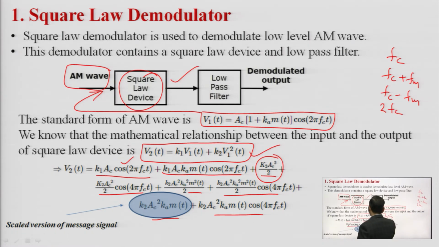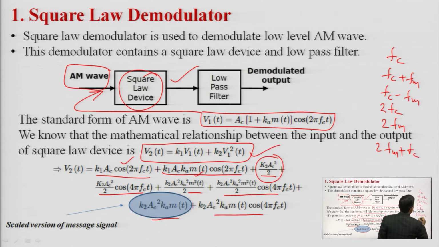Here we have m square t, which is 2 times Fm. Similarly we have 2 times Fm plus Fc and 2 times Fm minus Fc, because it is in product form.